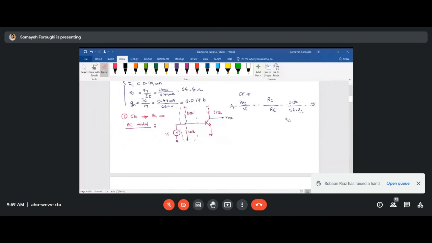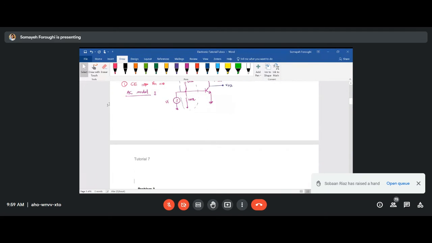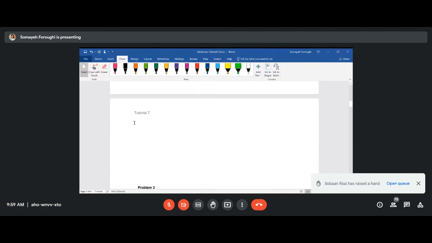I think I need to insert one more page here. So let me continue here. This is about part 2 of this question. In part 2, when you're trying to find the common collector, I will set the VO2, which was the output, and the collector equal to 0, meaning it will be connected to the ground.